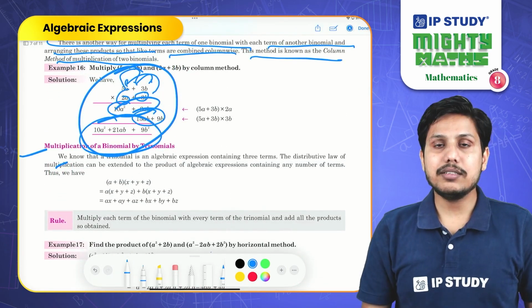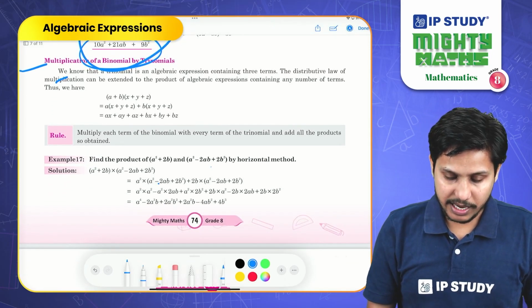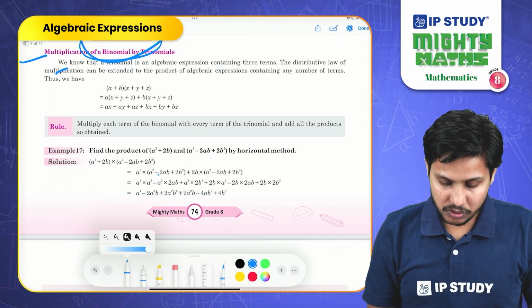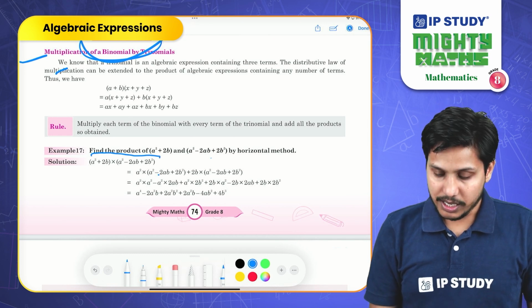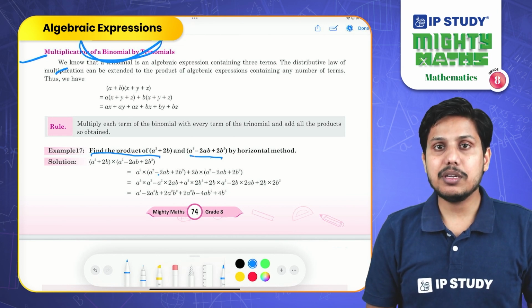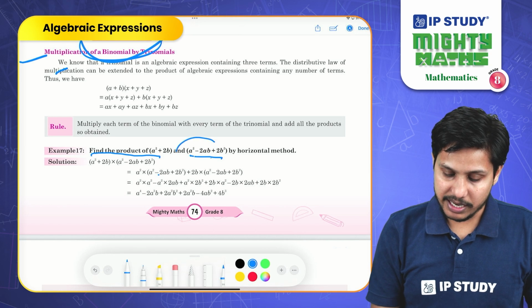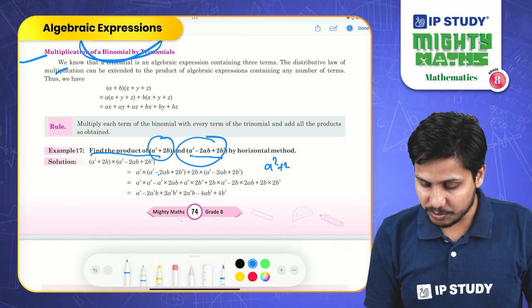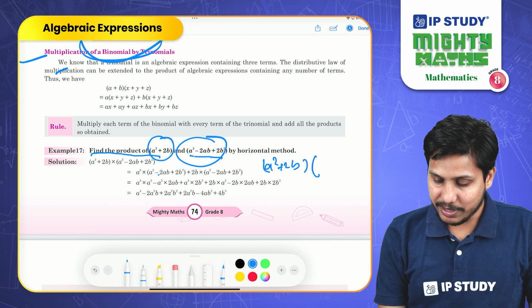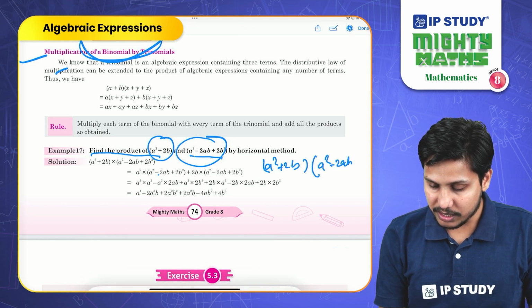Yes, now let's see an example of multiplying a binomial by a trinomial. Here we have: find the product of a square plus 2b with a square minus 2ab plus 2b square. Here the multiplicand is this and the multiplier is this. So we write a square plus 2b and multiply it with a square minus 2ab plus 2b square.